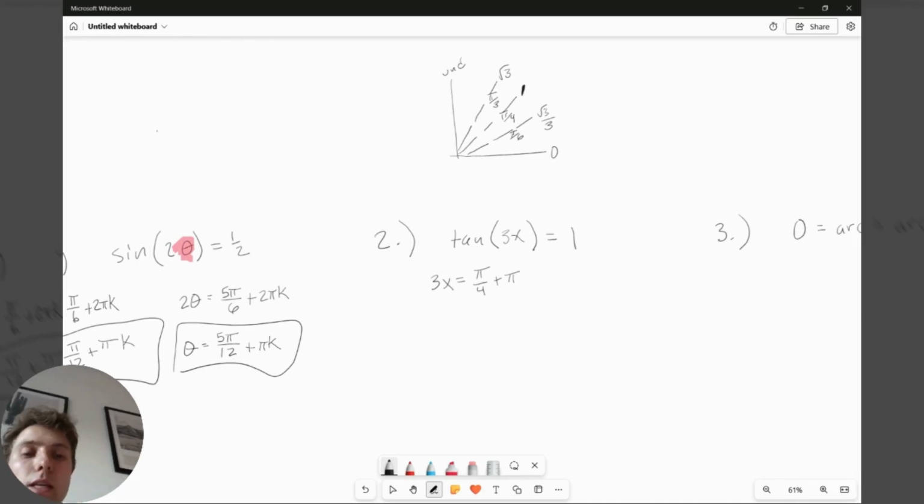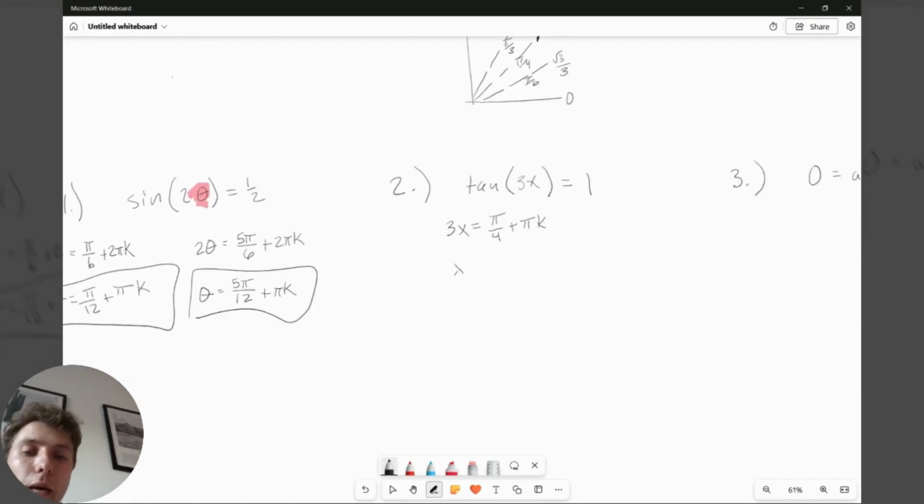So I really don't even need a second solution, because if I looked at the third quadrant for the tangent value there, it would just be pi/4 plus pi, which gives us 5 pi/4, the angle in the third quadrant. With tangent, you only need one solution, in other words.